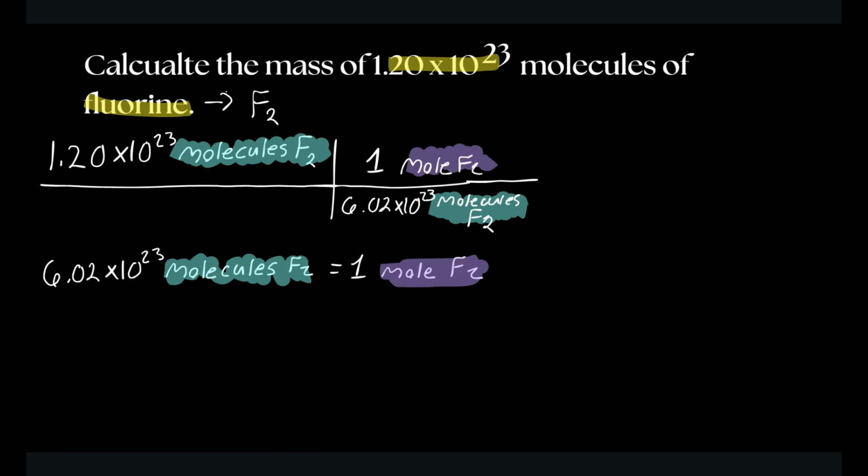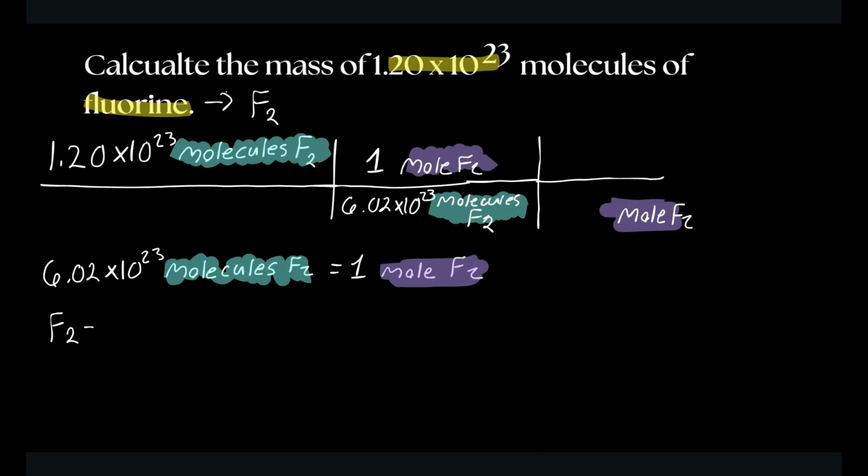Now that we are in moles, we're able to convert this over to our mass. And whenever we are talking about mass, we are going to need the molar mass. Now our mole of our F2 is on top, which means that the mole of the F2 needs to be on the next diagonal. But calculating out our molar mass, we have our F2.